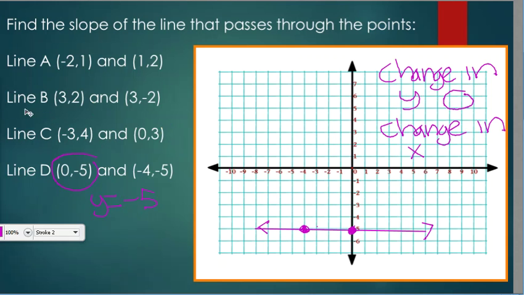Our change in x is going to be 1, 2, 3, 4. We have to move 4 spaces to the right to get to another point on this line. So our fraction for our slope ends up being 0 over 4. And anytime you have 0 divided by something, your answer is always 0. So the slope of line D is 0.